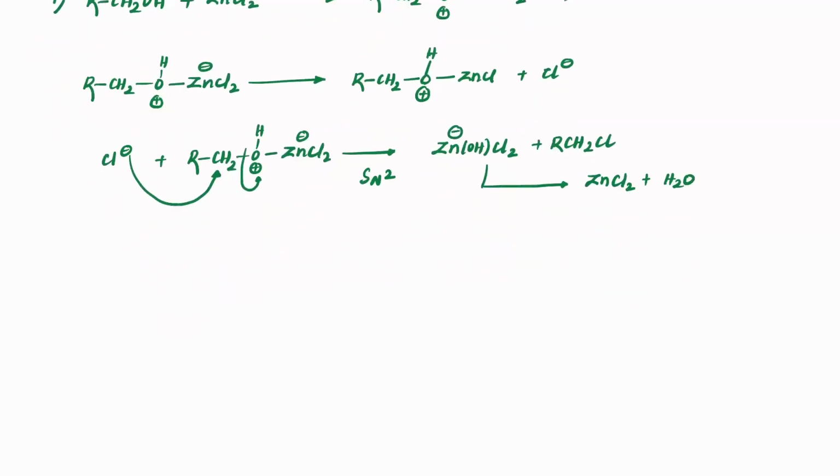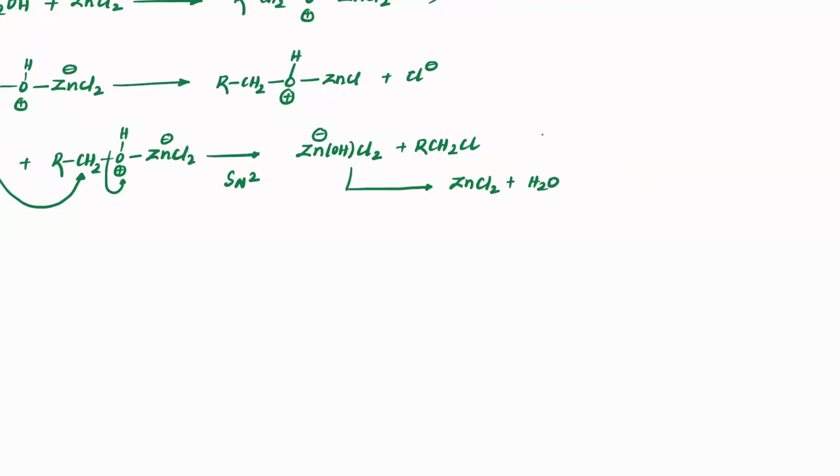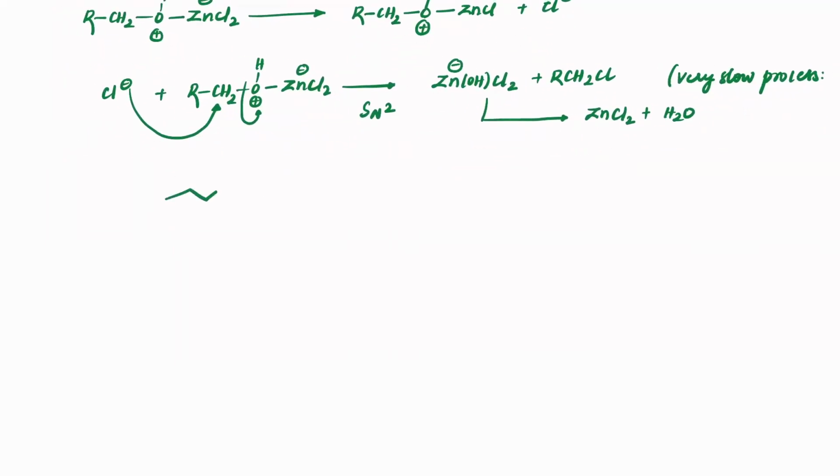But when it comes to 2 degree alcohol here, this is a very slow process, and it will take 30 minutes and above. And in most cases, in JEE Mains specifically, they will be giving you the heat as well to ensure that there is a reaction happening.